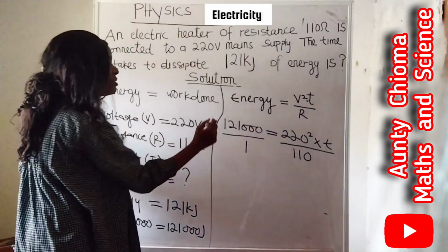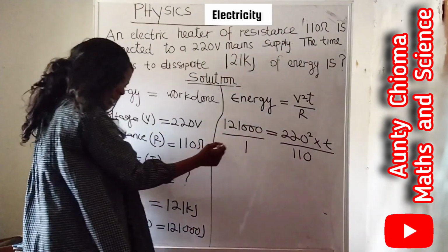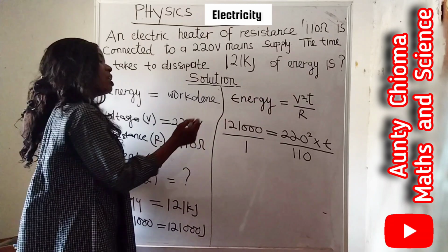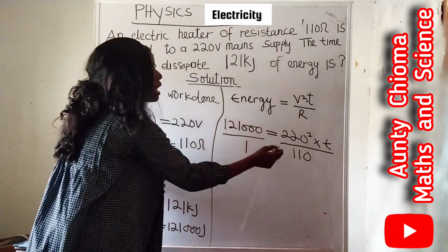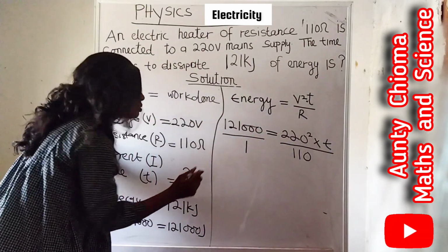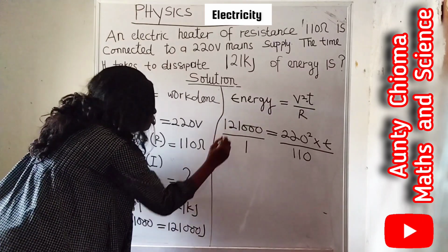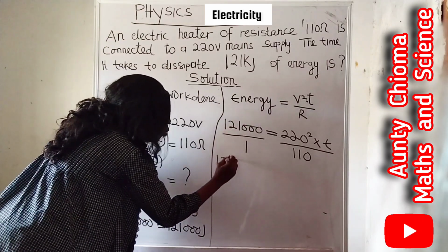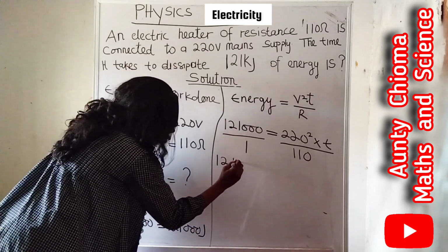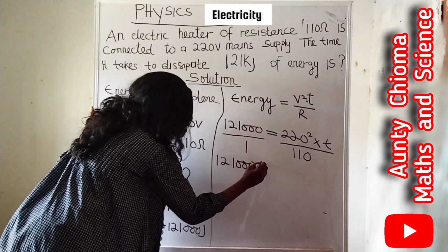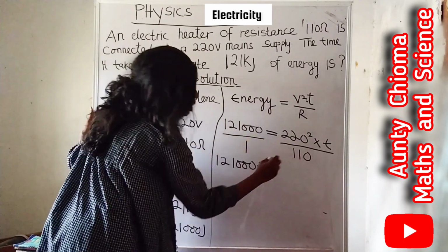Cross multiply means this times this and this times this. I'll start with this. I say 121000 times 110. I write it out like this.